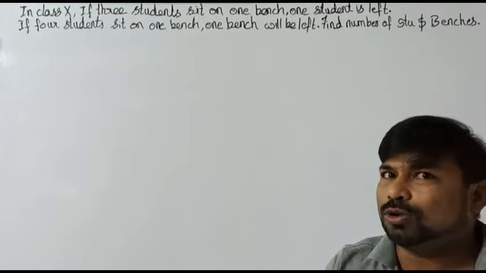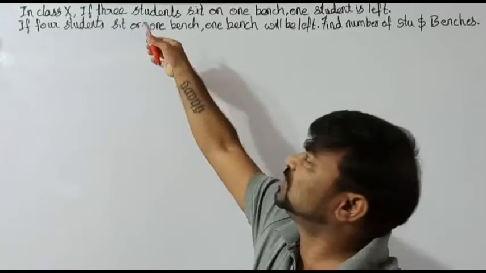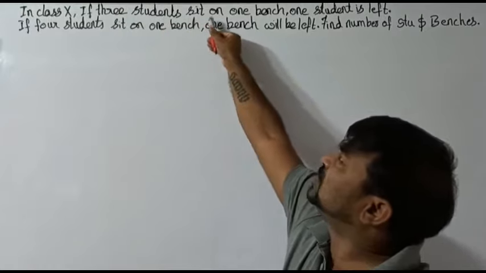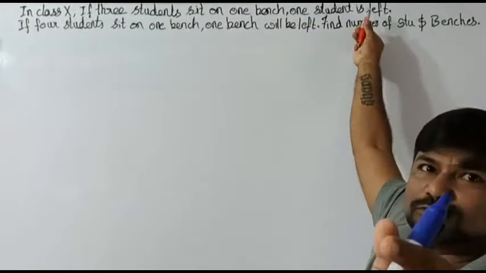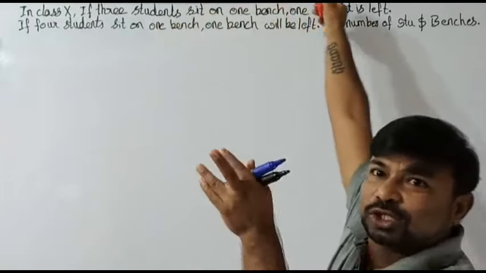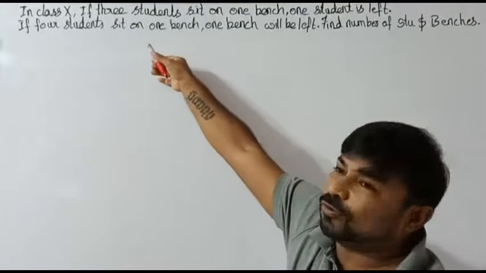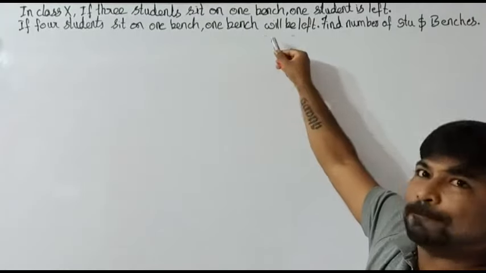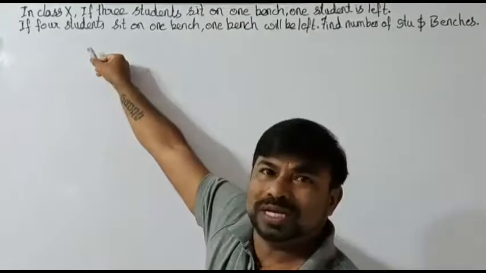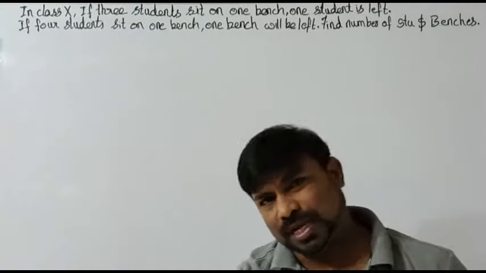Don't get confused. It's not the same. Take it out here. First one says, if three students sit on one bench, one student is left. Now if you go to the second relation, if four students sit on one bench, one bench is left. Students are related with benches.